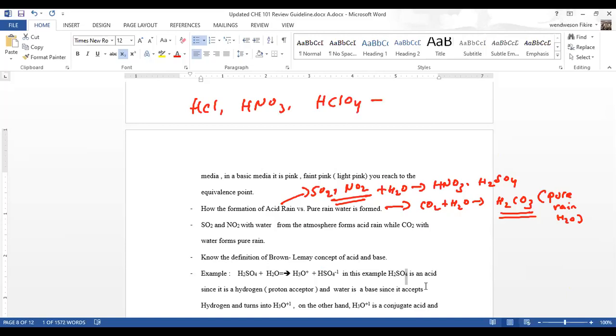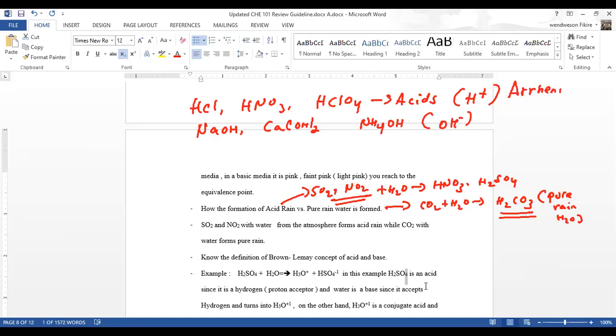All these are acids because they have hydrogen ion. Sodium hydroxide, calcium hydroxide, and ammonium hydroxide are bases because they all have OH ions. This is called the Arrhenius definition of acid and base.